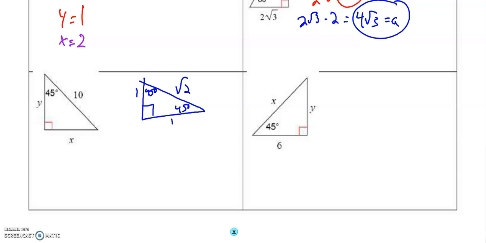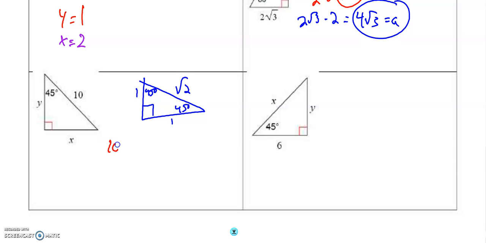All right, so what we're given to start is actually the hypotenuse. Based on the information here, the hypotenuse is the square root of 2 times bigger than the leg. So how we got 10 is you multiply these legs here by the square root of 2. So to find the legs, we have to go in reverse order.